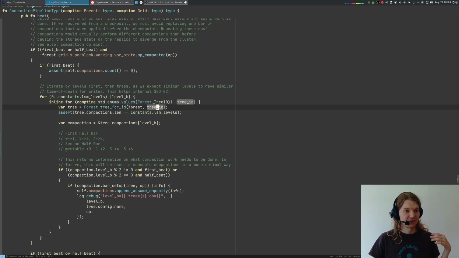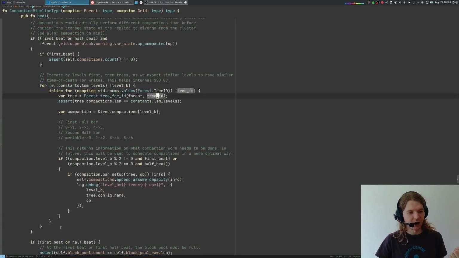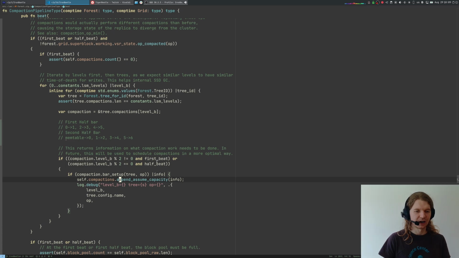So this is what we do at the beginning of this bit function. If we are at a boundary where we need to start new work, so we are at the first bit or at the middle of the compaction, then we do this bar setup.